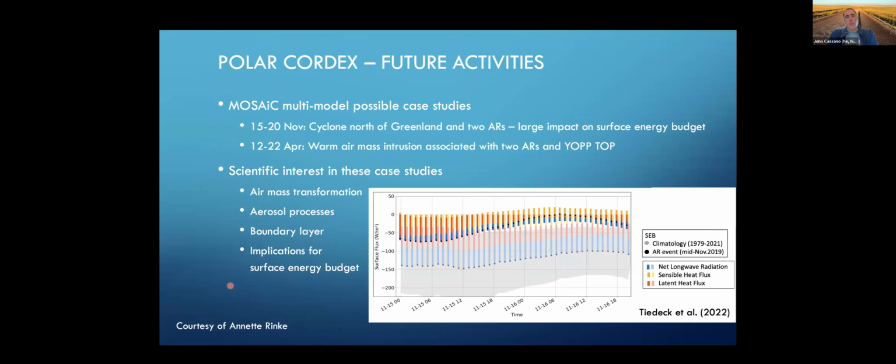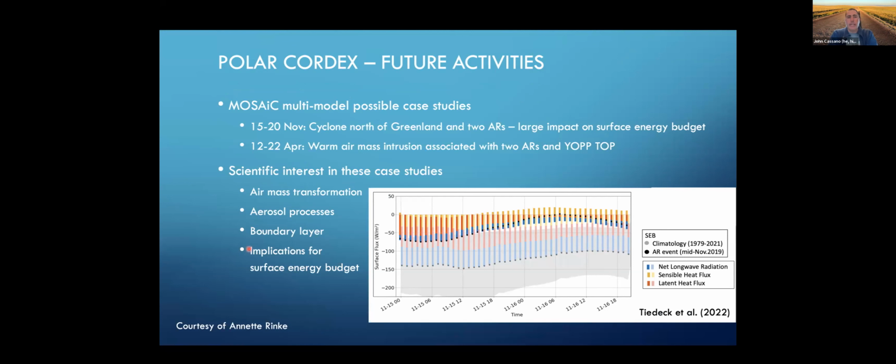So for the Polar CORDEX future activities, I think one thing that will likely go forward in the next year or so is using observations from Mosaic to evaluate a multi-model suite of simulations, and doing this in a case study framework.